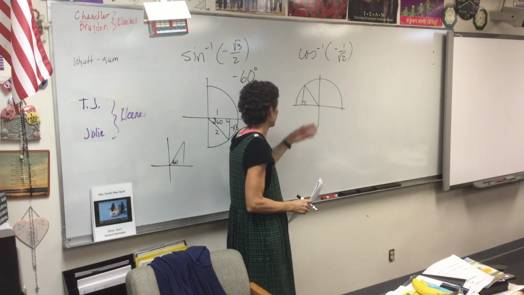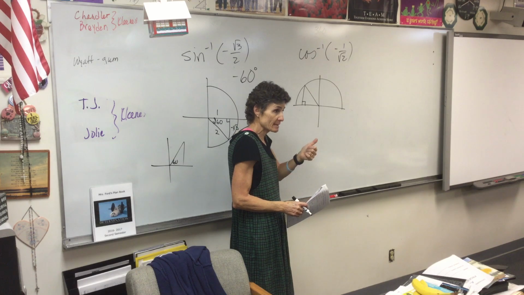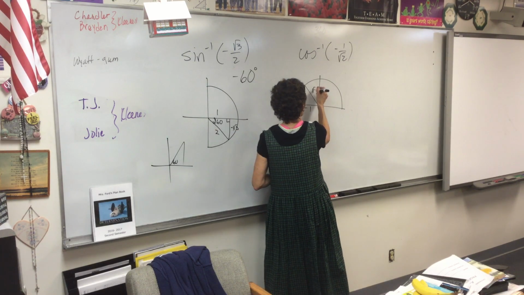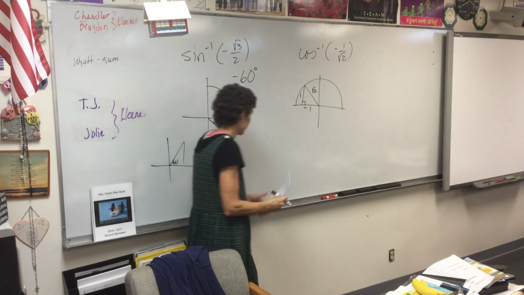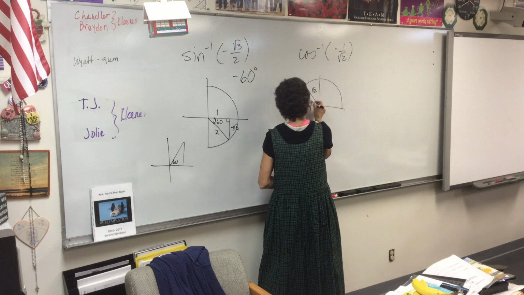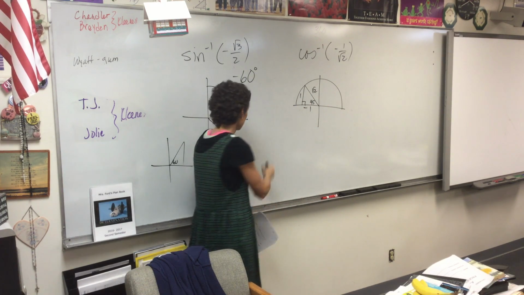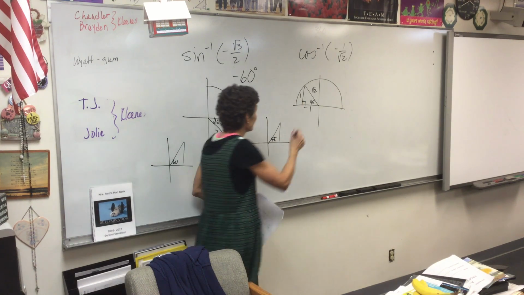Cosine is what? I got to label the sides here. Opposite, adjacent, hypotenuse. Adjacent over hypotenuse. So negative 1 over root 2, and that's a 1? So that's a 45-degree angle. But please, do not say the answer is 45, because 45 would look like this, and that's not what I have.